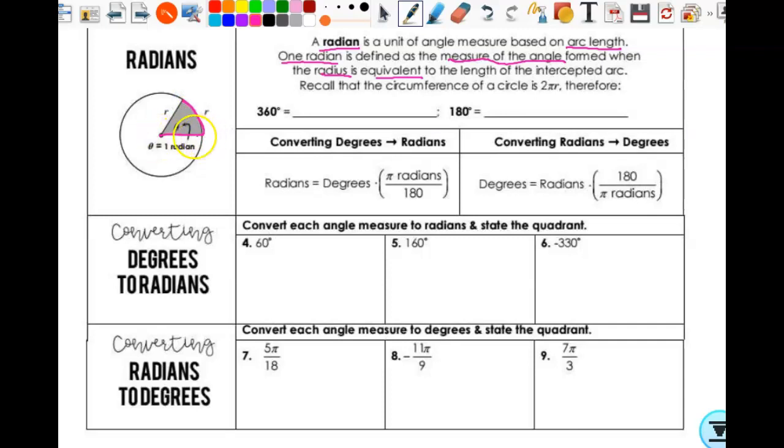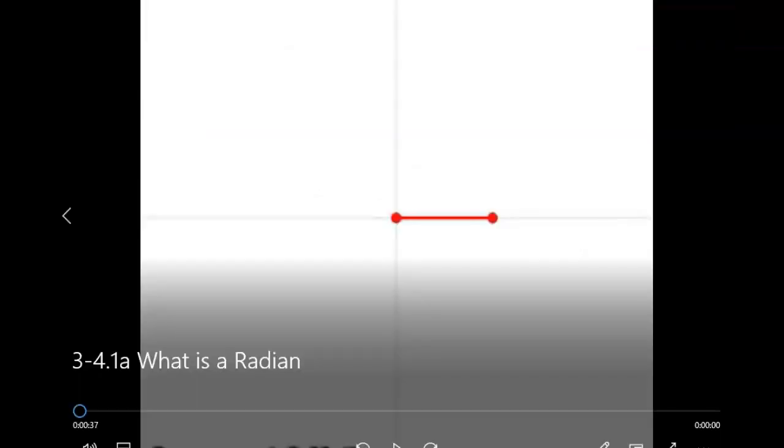So no matter what this is, like if this was 5 centimeters, this is 5 centimeters, but it's 1 radian. So a radian is based on length instead of based on curvature like angles are. Okay, so I have a quick little video to show you that might do a better job than me. Let's see. Okay, whatever. Here we go.